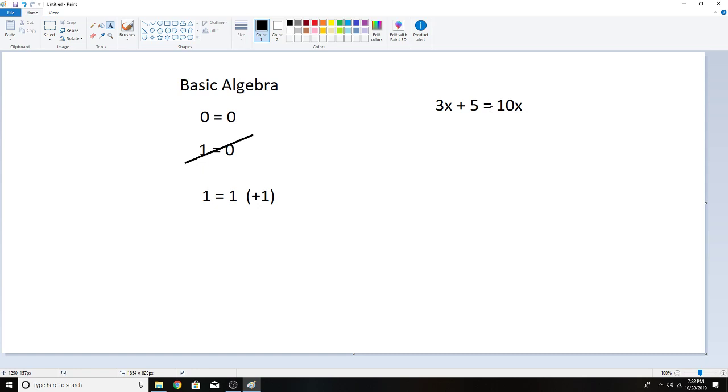So like when we go back to the 1 equals 1 here, it's a number that satisfies the equation.